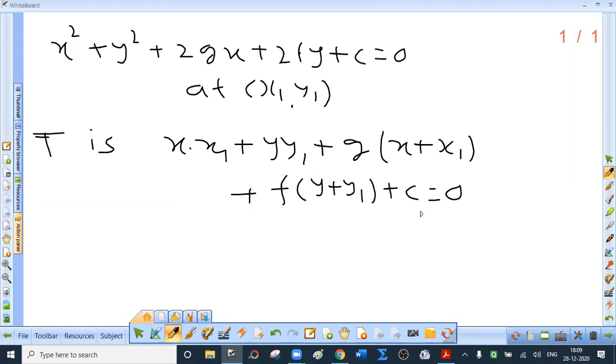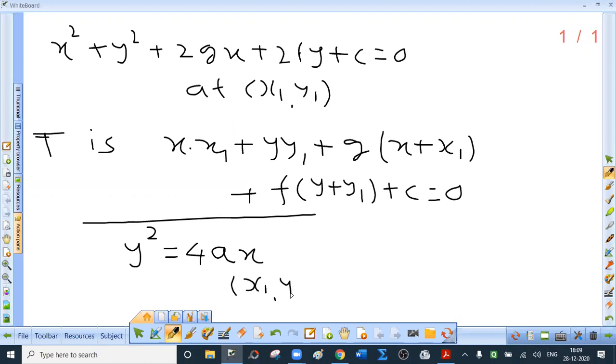Is that clear? Okay. We haven't done parabola yet, but I have already told you the equation of parabola. It is y square equal to 4ax. Can you tell me the equation of tangent to this parabola at (x1, y1) on it? Type your answer in the chat box.